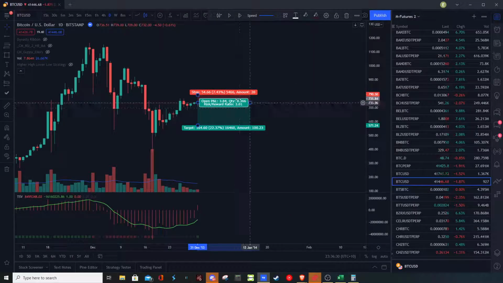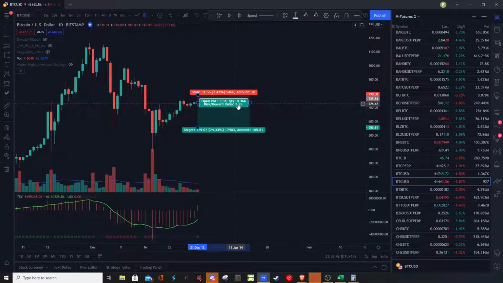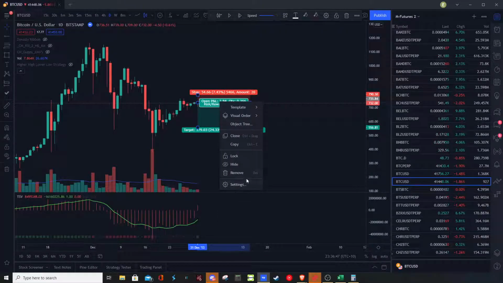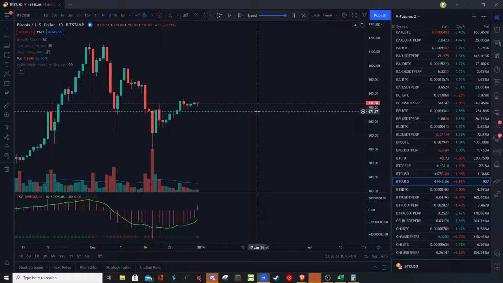That way you get the correct position size for the correct risk of say 1%, and your profit will be whatever that risk to reward ratio is. So it's really important that you master risk management and that you understand this key to trading.